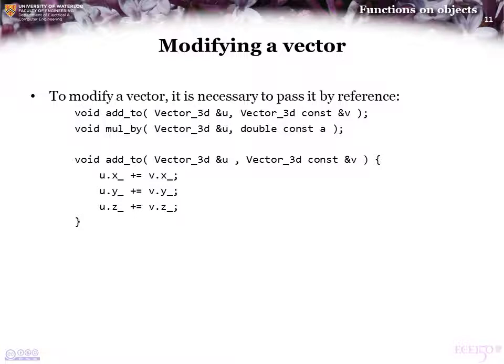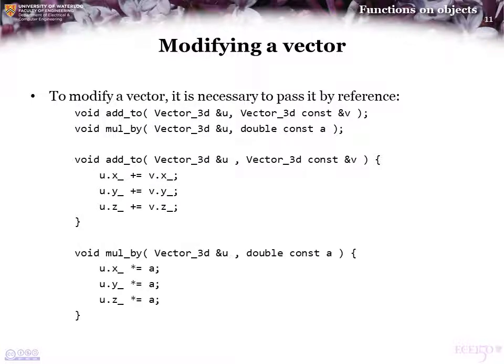So here we pass u by reference and v by constant reference, and thus we can add the corresponding entries of v to the appropriate entries of the vector u. The same goes for multiplying each entry of the vector u by a constant scalar a.